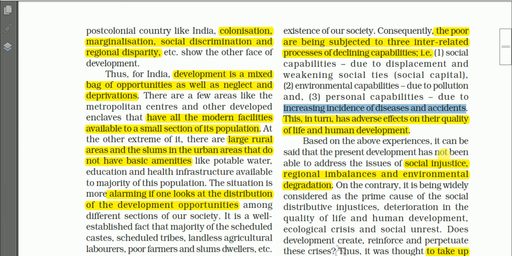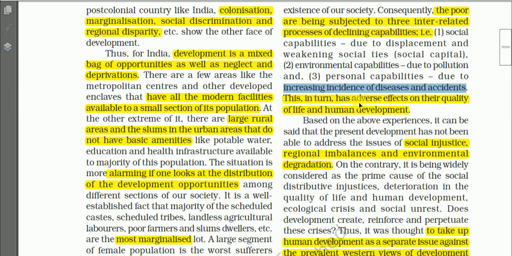Poor people are not able to get educated, they are not able to get their illness treated, and because of that personal capabilities decline, and this in turn has adverse effects on the quality of life and human development. Because of the declining capabilities of the poor section of society, the quality of life and human development also decline. So this is the point mentioned here.